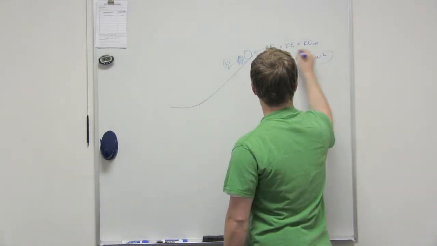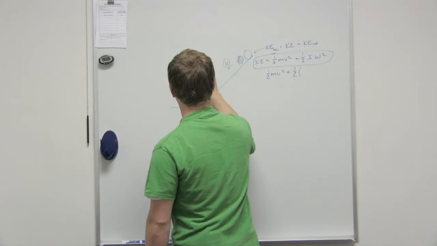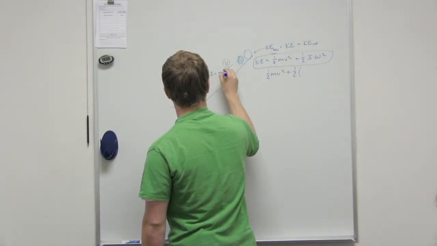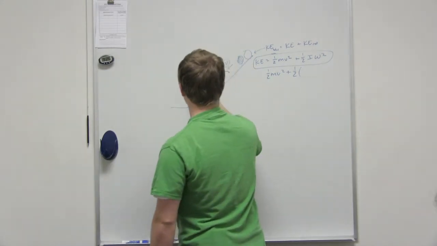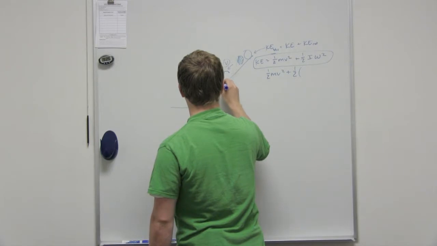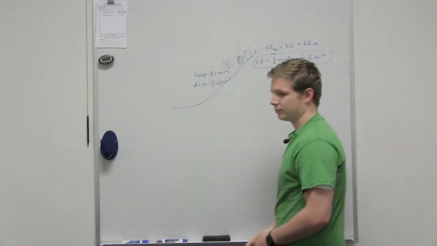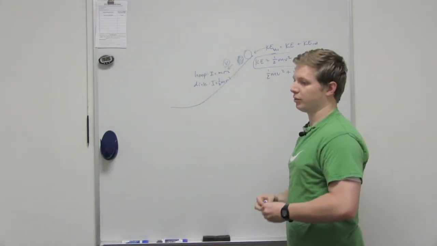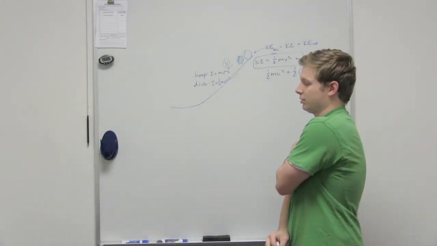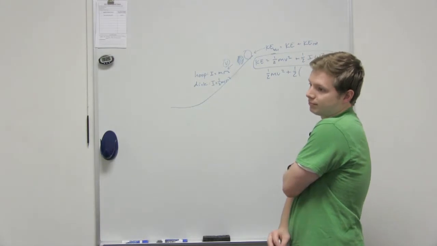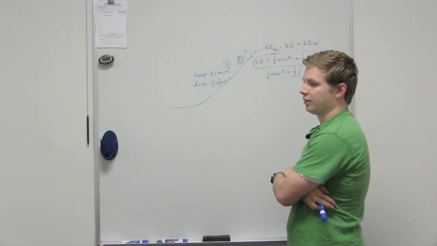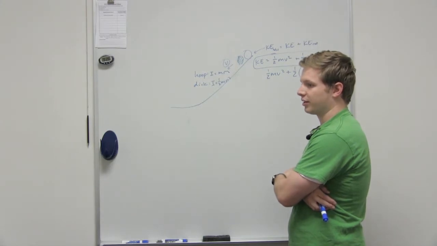But the hoop's moment of inertia is mr squared, and the disc's moment of inertia is 1/2 mr squared. So they have different moments of inertia, and that will affect the velocity.